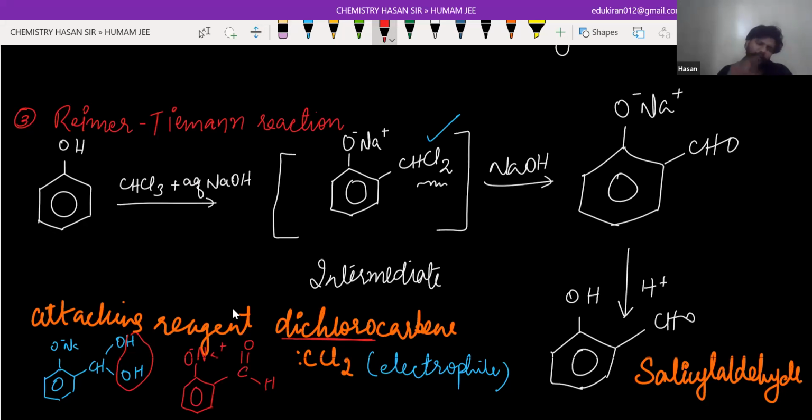Like intermediates during reaction mechanism, you have seen free radical, you have seen carbocation, in the same way there is another intermediate that is called carbene. There are other intermediates like carbanion, carbene, nitrene, benzyne. Lots of other reactions of the intermediates.